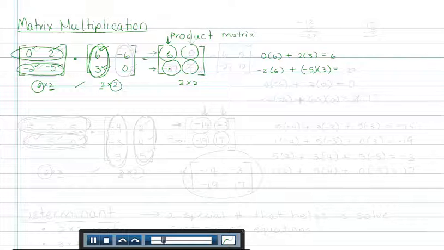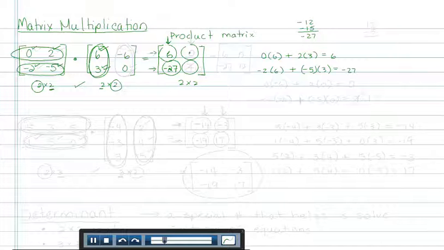You work this out in your calculator, and you're going to get -12 plus -15, which is -27. This value is -27.